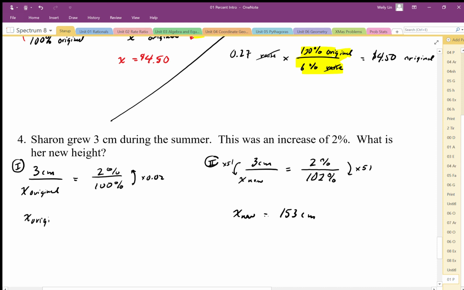My original using that times by 50 would be 150 centimeters. Okay, and then I'd add on the 3 centimeters to get my new height. But notice here, this solves for the 102% directly. And that's okay to do, and the mathematics is consistent because I'm putting percentages as a ratio comparison. And I can compare percentages in a ratio, and it's mathematically consistent.